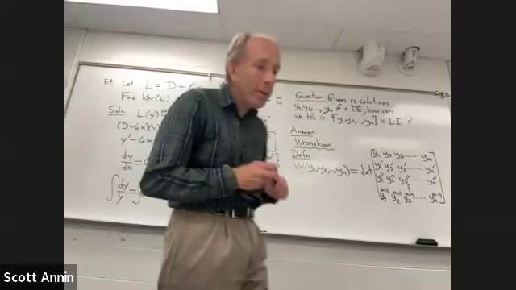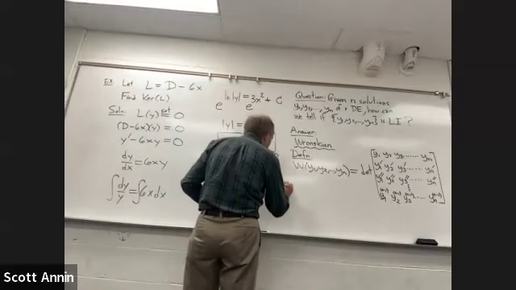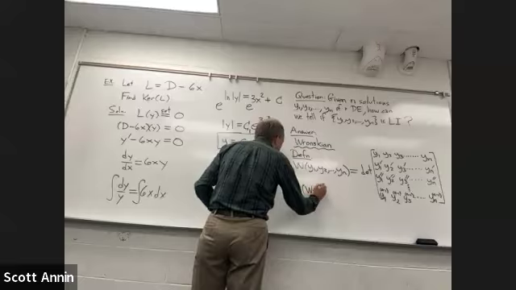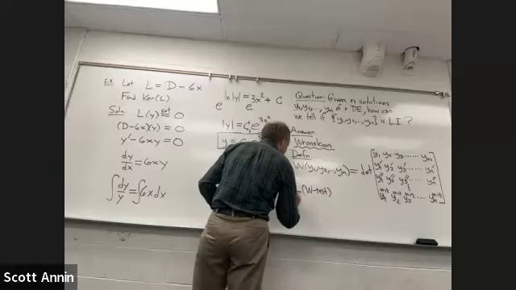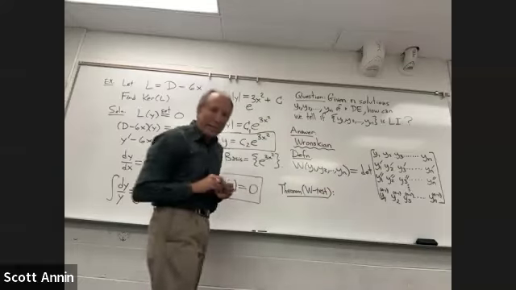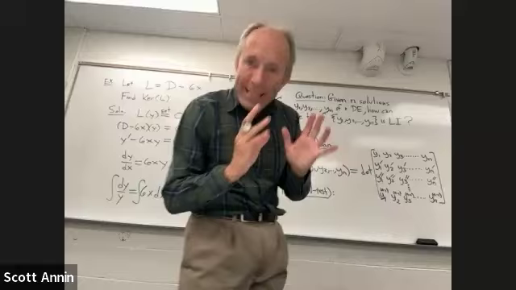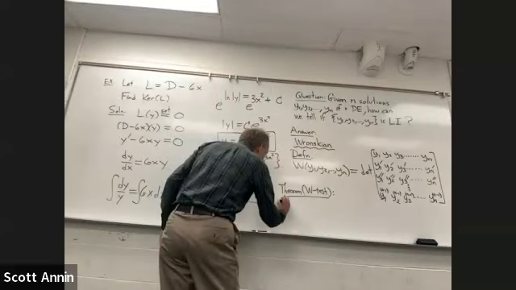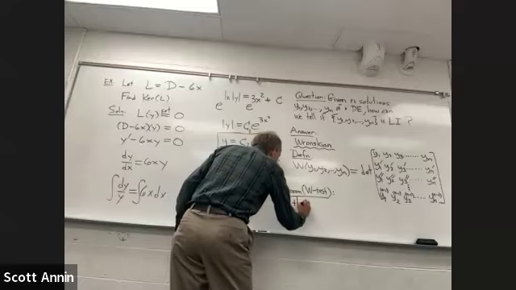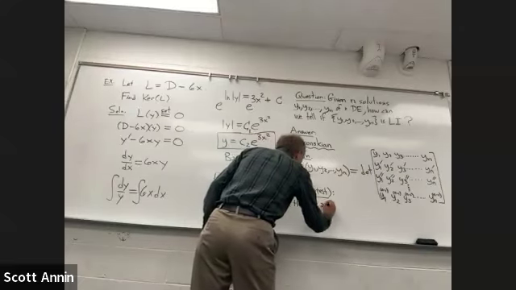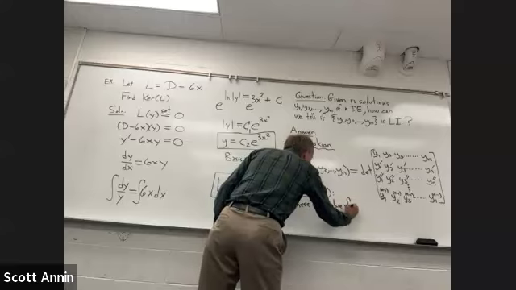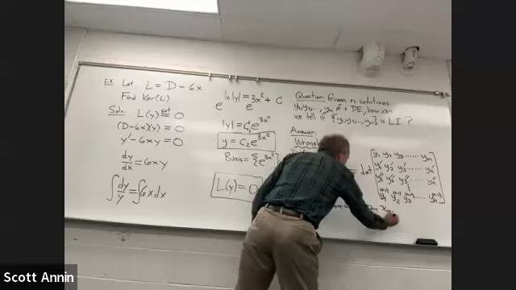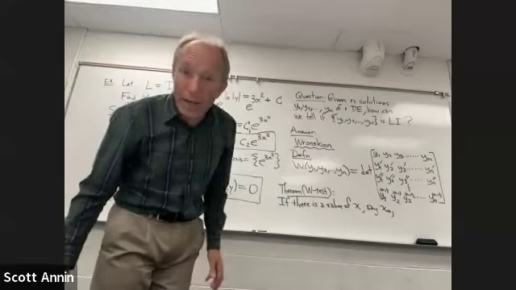However, the real theorem here, I'm going to call this the W test. I think this is a good way to abbreviate this. The Wronskian test is actually the following. If there is a value of x, so x is, of course, the variable that all of our functions depend on.